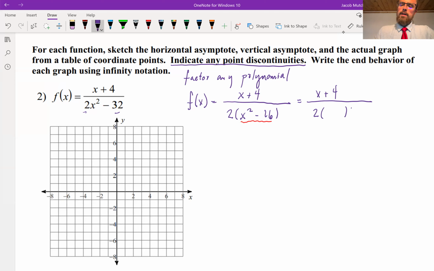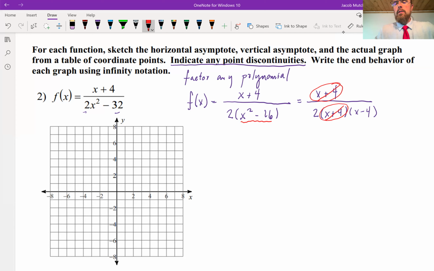But x squared minus 16 can be factored as x plus 4 times x minus 4 using the difference of two squares pattern. Now, when I do that factorization, automatically I see I have an identical binomial above, x plus 4, same x plus 4 below. That I can divide and cancel.